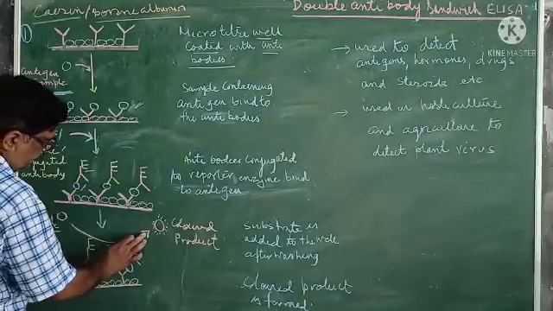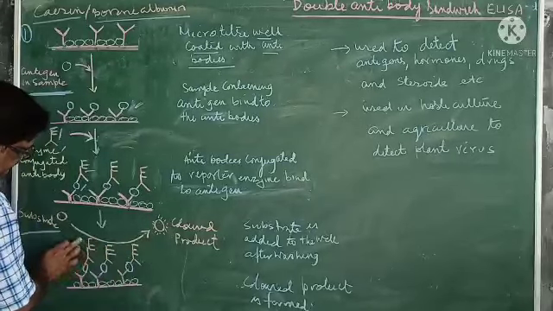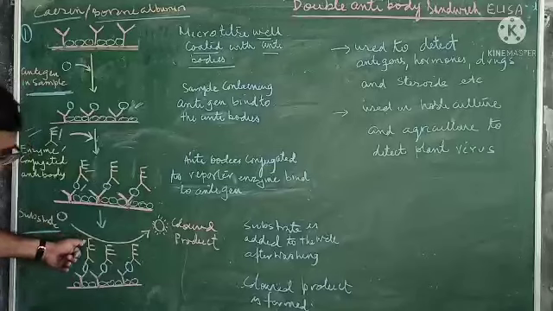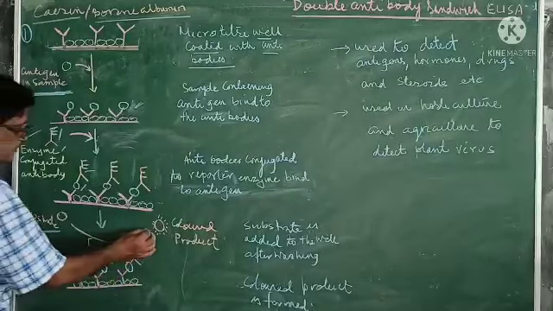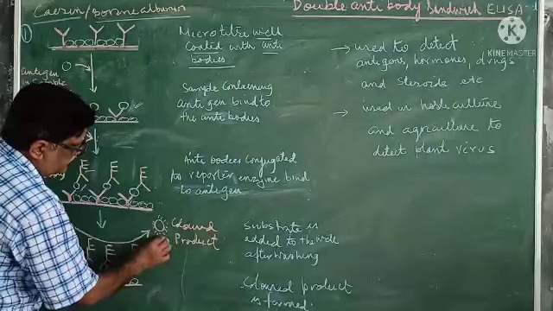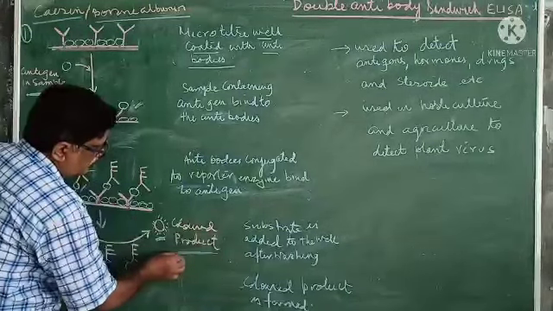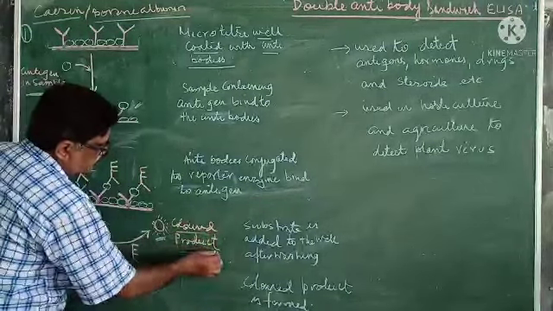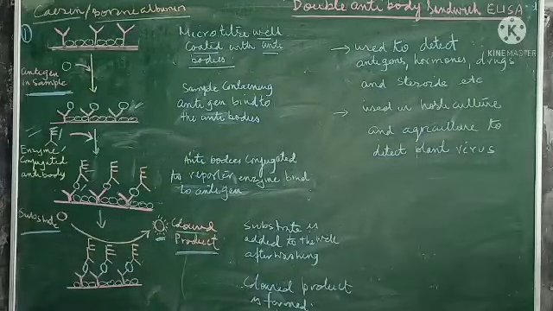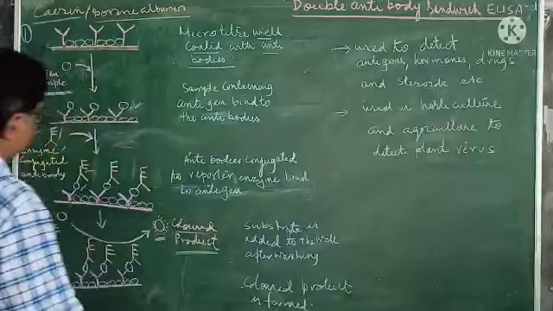Once the substrate is added, it will react with the enzyme, and the enzyme will convert it into a product, and that product is a colored product.